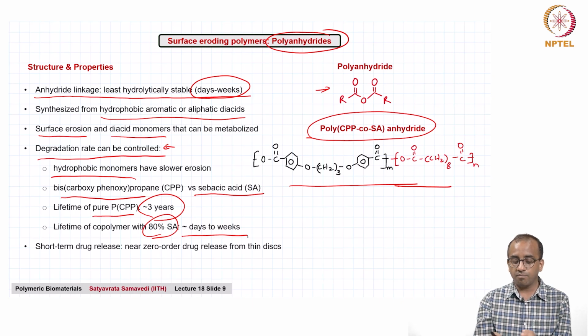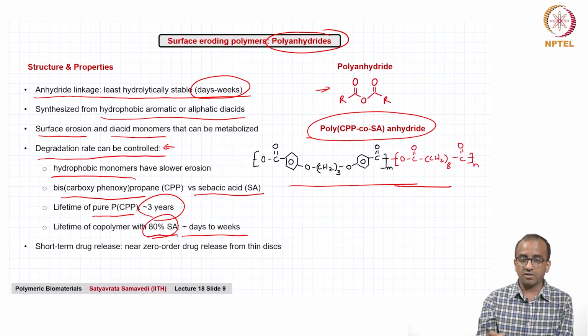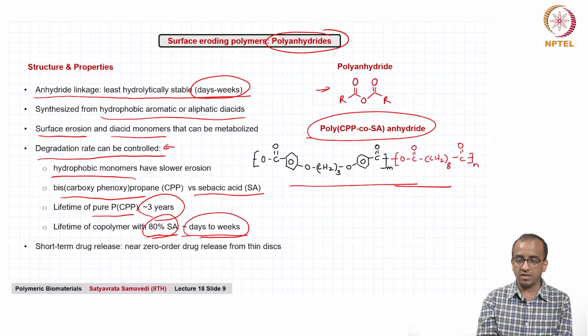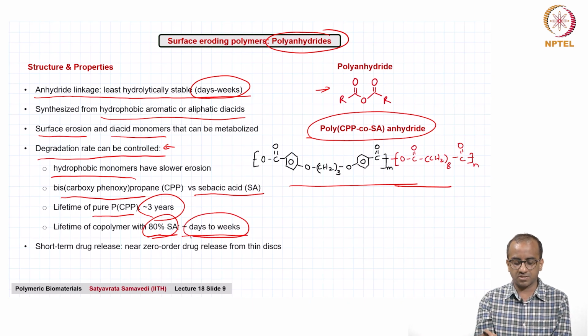So, pure poly CPP takes much longer to degrade, while the copolymer with sebacic acid brings the degradation rate down to a few days to a week or 2 weeks. And that is a very interesting way to tune or tailor degradability.